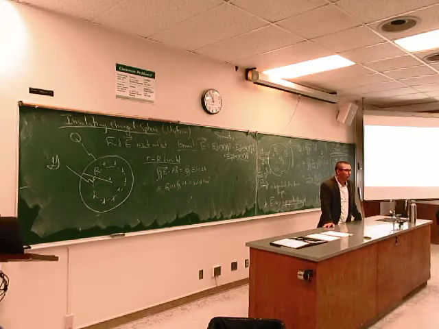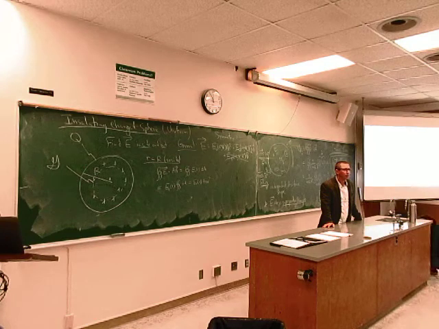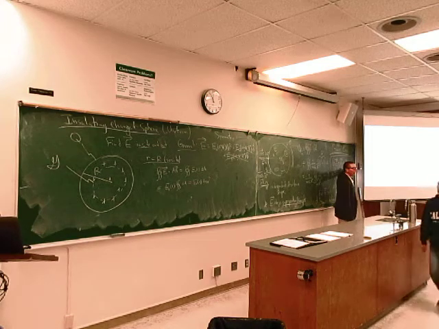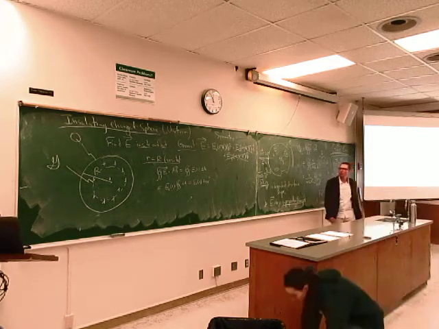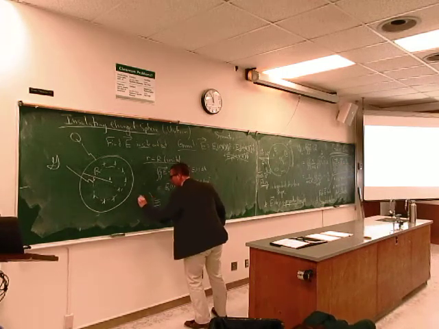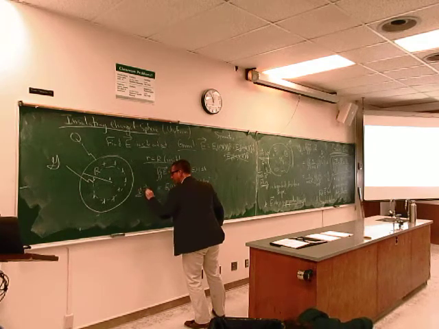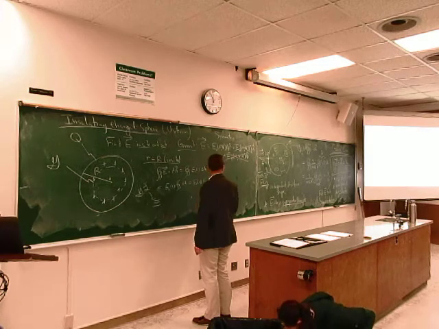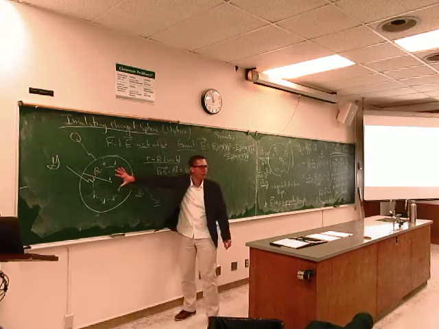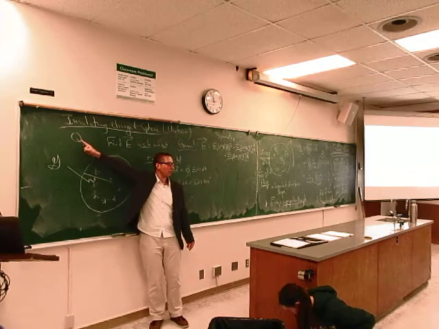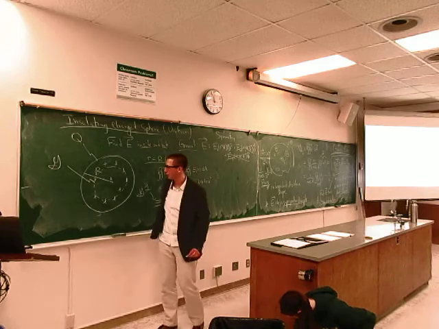Now we want to use Gauss's law to figure out the right-hand side of the equation, which is just the total charge inside divided by epsilon naught. So by Gauss's law, this has to equal Q inside over epsilon naught. Now, how much charge is inside? Not Q, but a portion of Q. How do we figure that out?